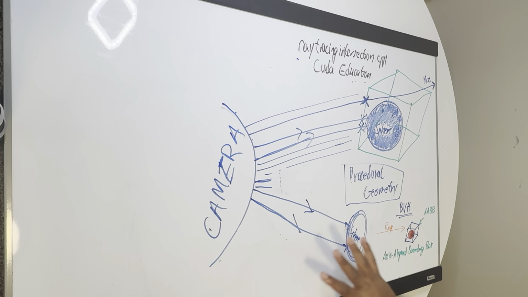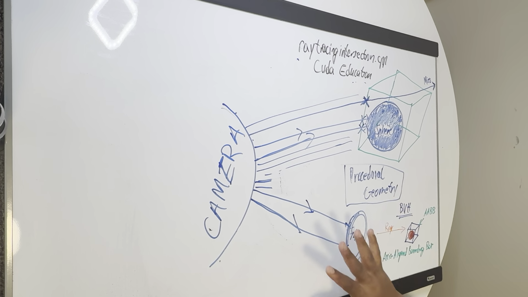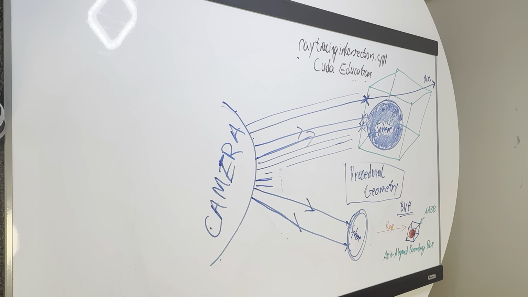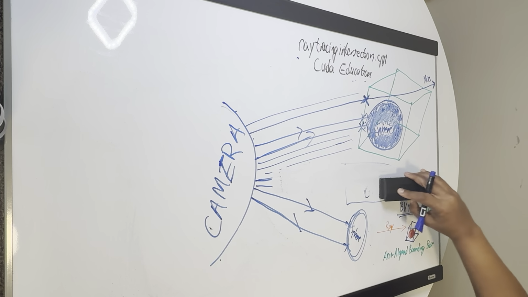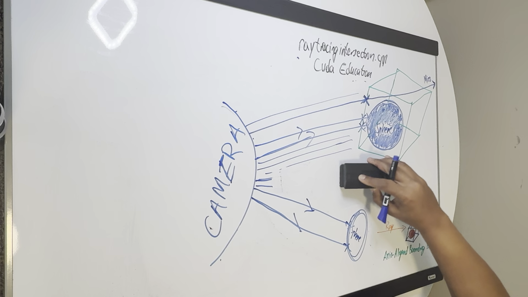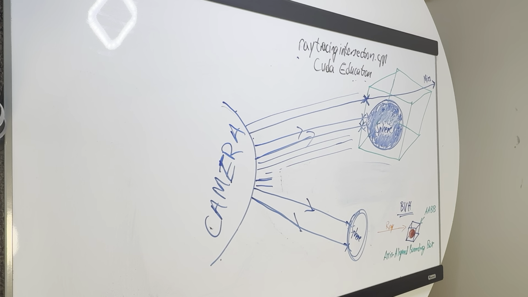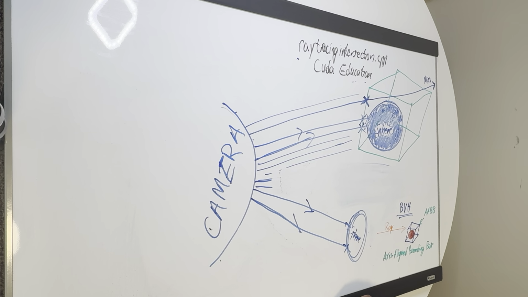You're dealing in 3D space, and you need to make sure that the rays that are traversing the scene are basically able to be dealt with in an efficient way. Okay, so that's basically what this application is about.